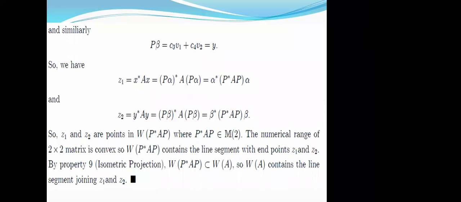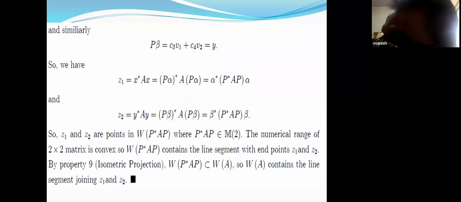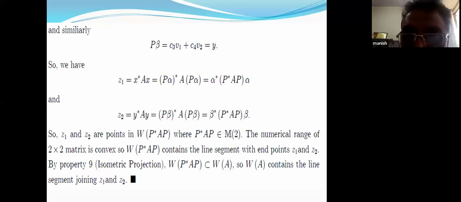But for 2 by 2 matrices, we have first studied them because we are using the convexity and other properties of the numerical range of 2 by 2 matrices to prove other properties of the numerical range of n by n matrices.